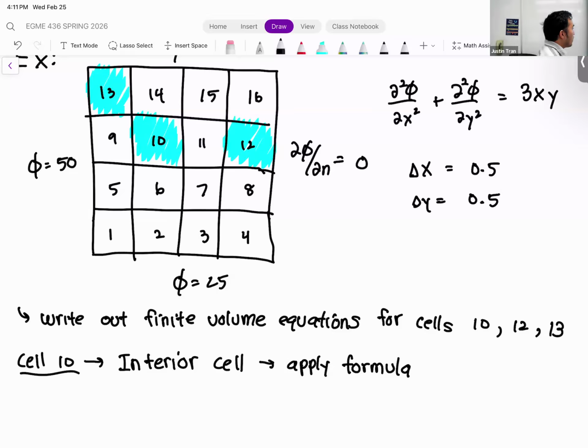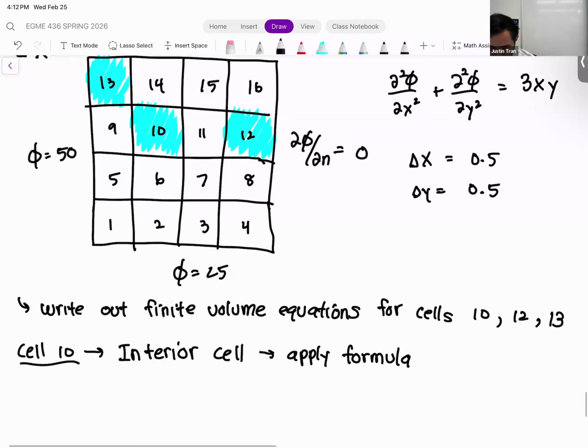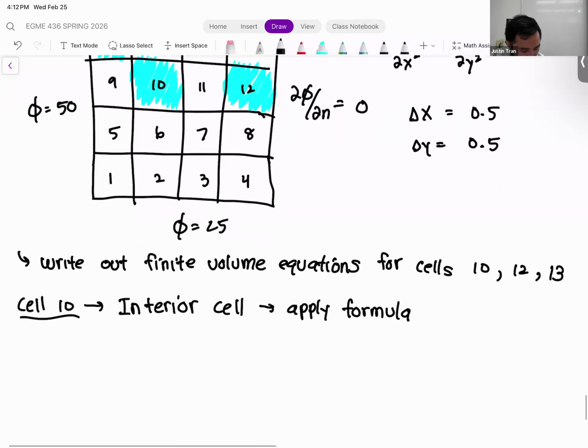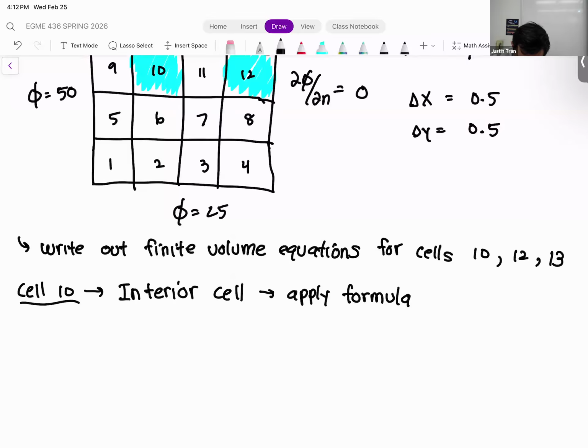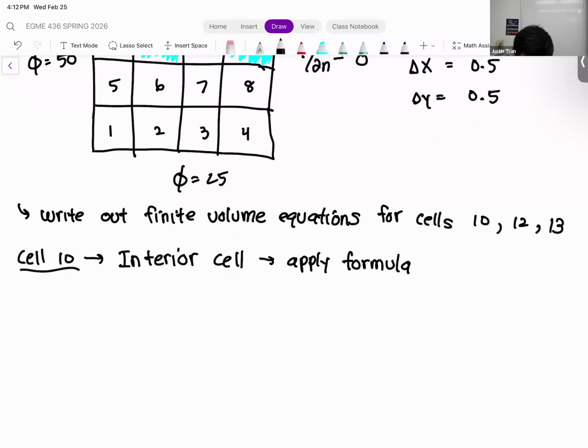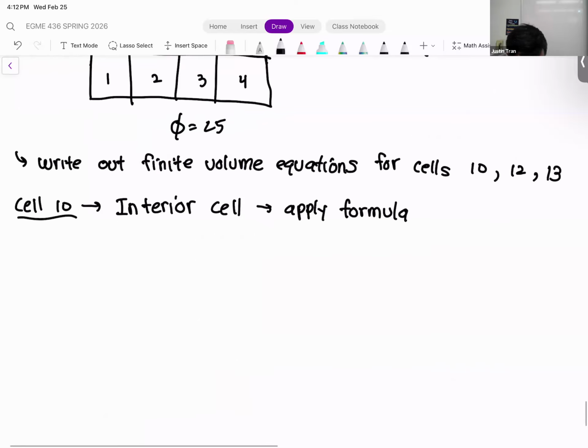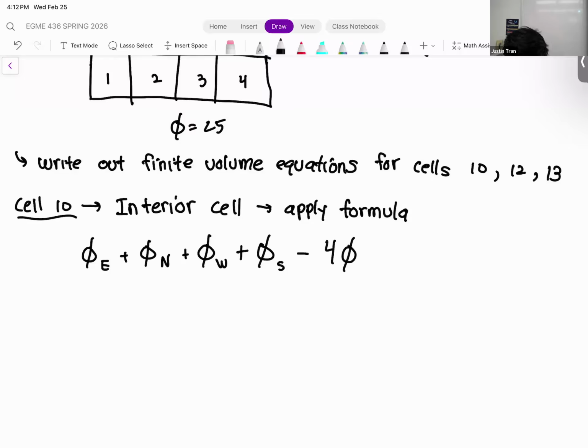But all the interior cells have the exact same pattern. For interior cells, we have the following stencil: phi sub E plus phi sub N plus phi sub W plus phi sub S minus 4 phi sub C is equal to Q at (XC, YC) multiplied by delta squared.